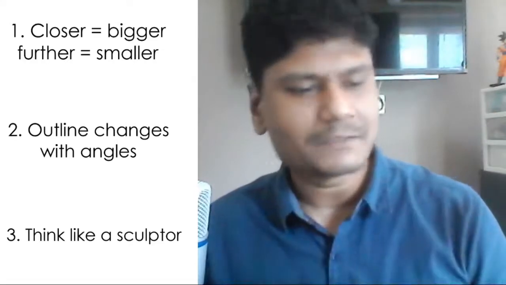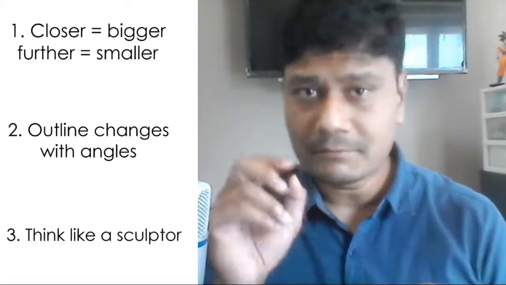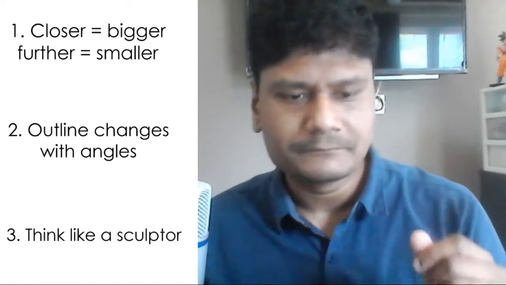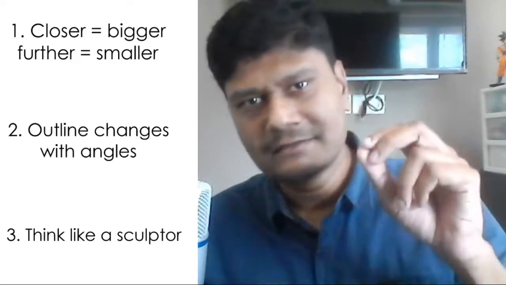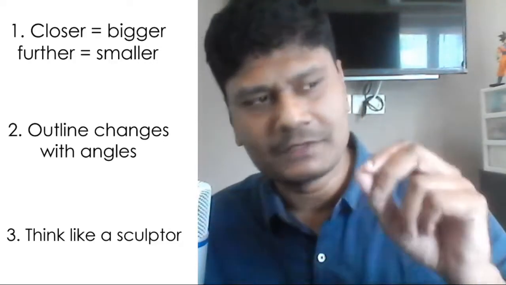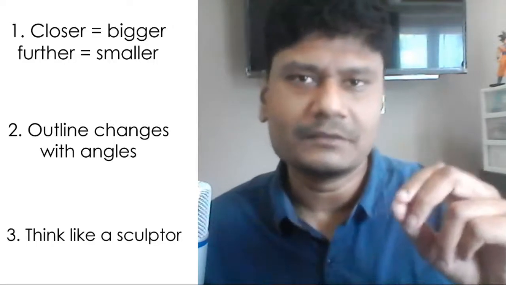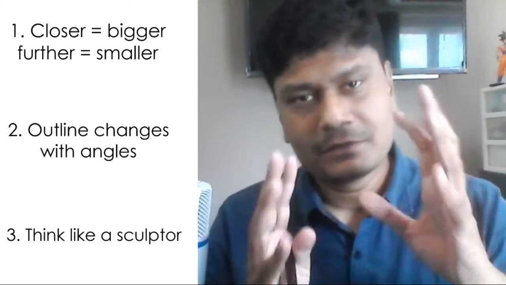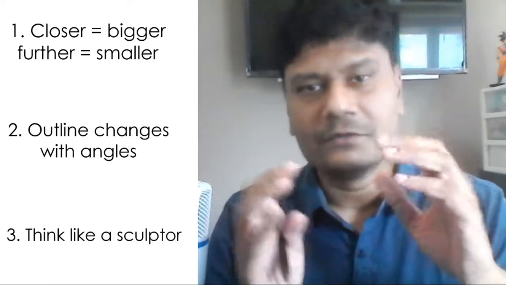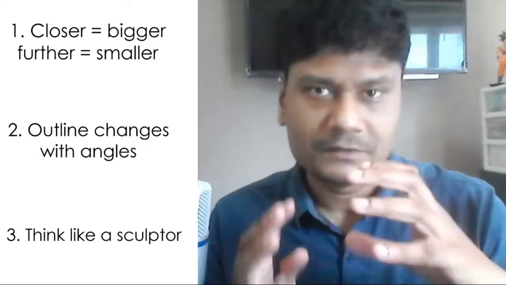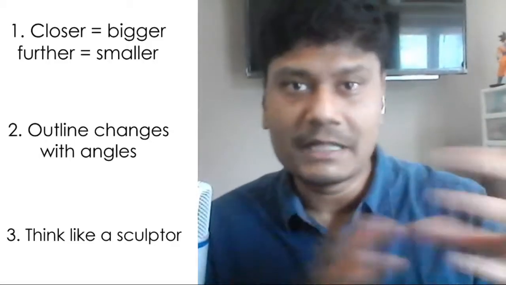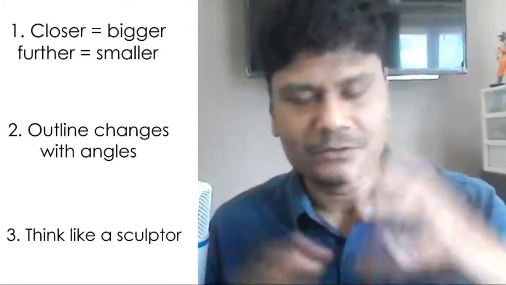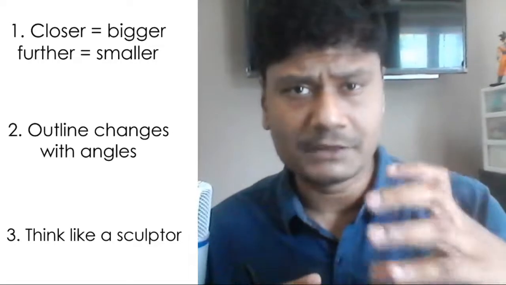Think of a sculptor. The marks you put on the paper don't have to be the exact marks or the exact detail that you see in the picture. What I mean is that you first need to block the picture with bigger shapes, and then you sculpt them into the smaller details to match the reference picture you're drawing from, or the image in your head if you're drawing from imagination.